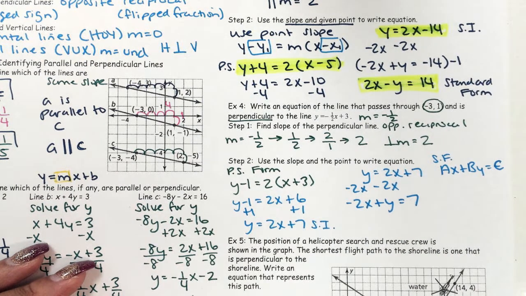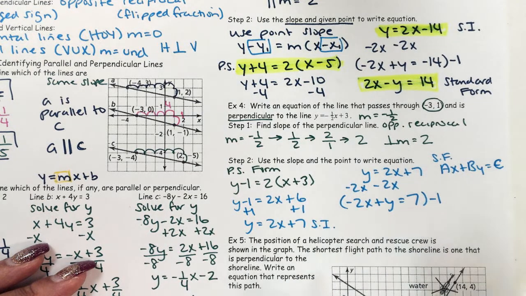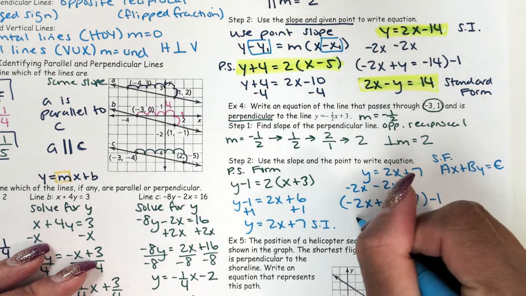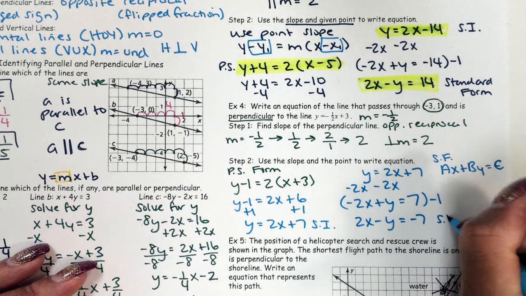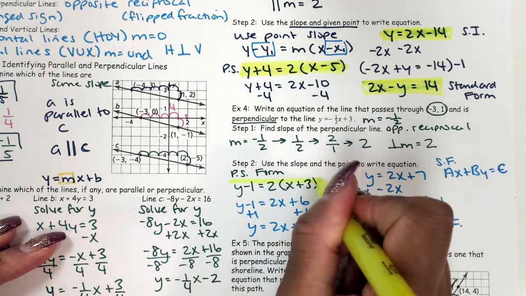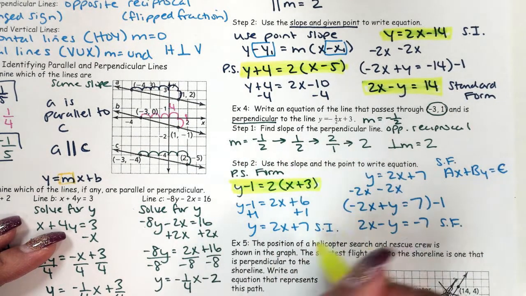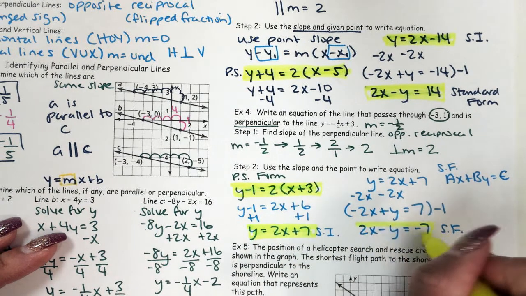Now we don't want a to be negative, so we're going to multiply everything by negative 1, which changes every single sign. So now I have 2x minus y equal to negative 7. And that is our standard form. So now we've done it in all three forms with the given equation that's perpendicular to the original. There's our point slope, our slope intercept, and our standard.